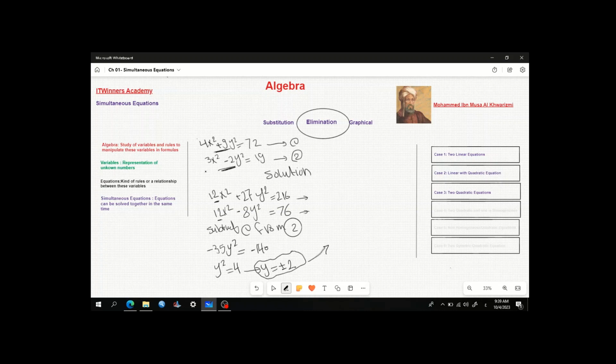From the first equation, 4x squared plus 9 times 4, if y equal to 2, equal to 72. Now 4x squared equal to 36, so x squared equal to 9. Now you have x equal to 3.